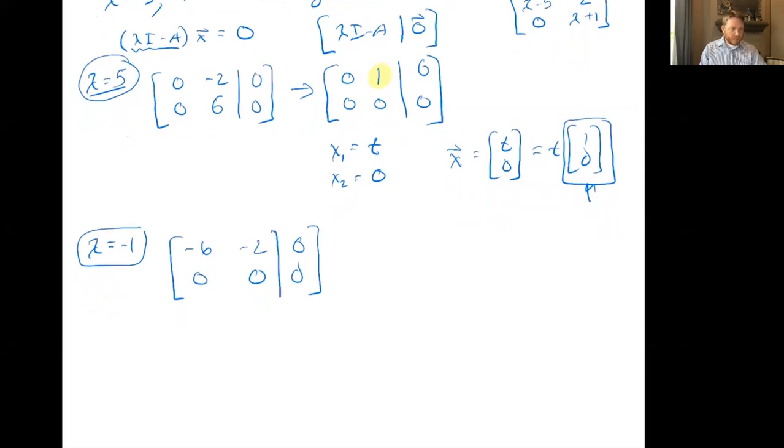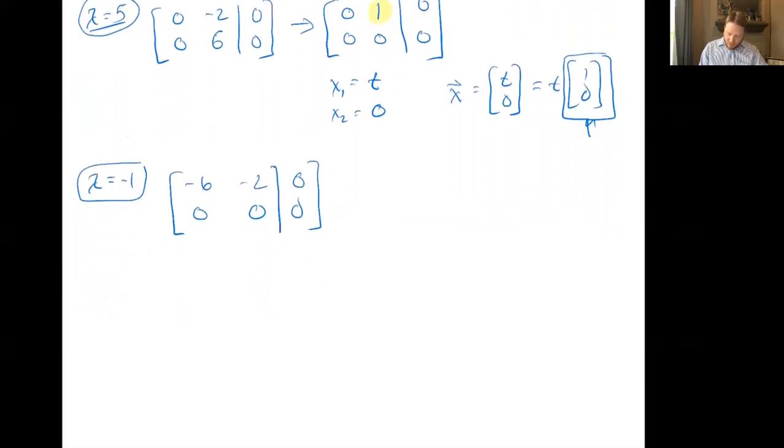Okay. So then this row reduces also. Like I said, they all row reduce very easily. This one is, all I have to do is essentially divide by -6, and I get 1 and 1/3. And so there we go.